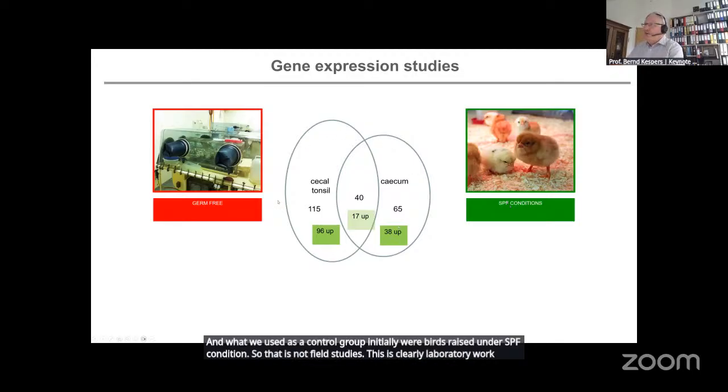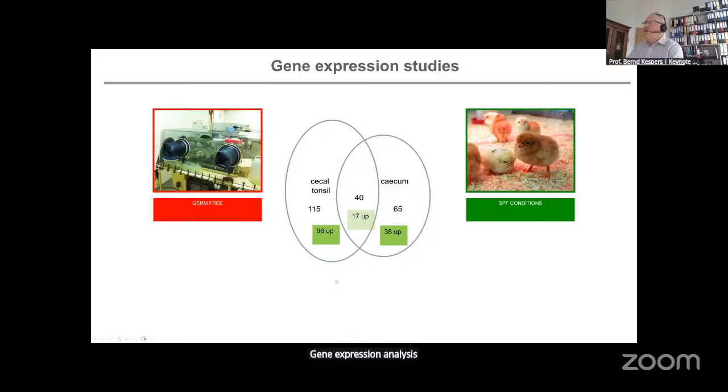And then we did these gene expression analysis. And what we found that there were a lot of genes upregulated in those birds raised under SPF conditions with some microbiome in comparison to the sterile birds.